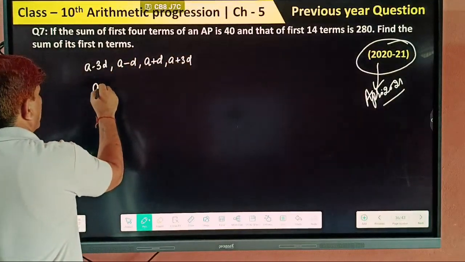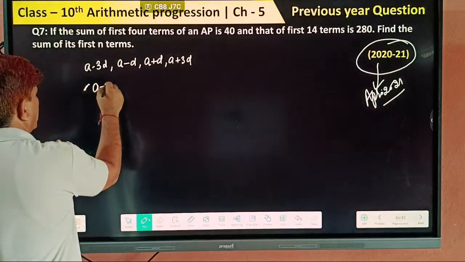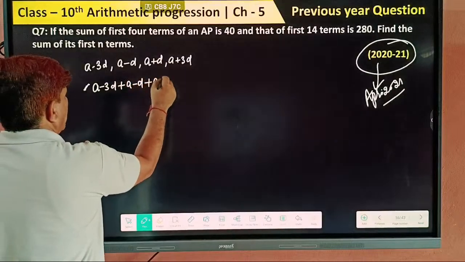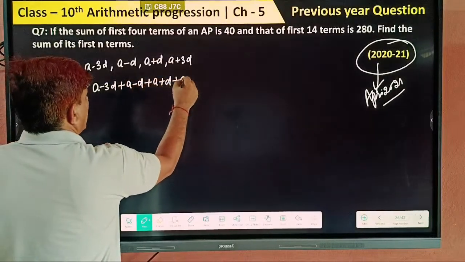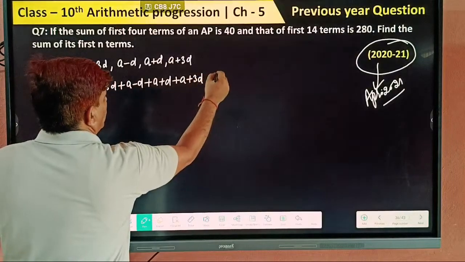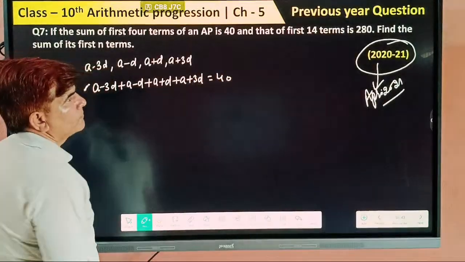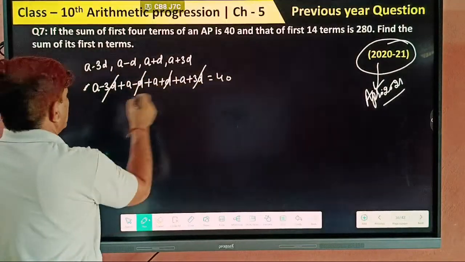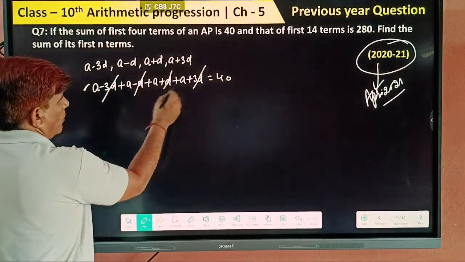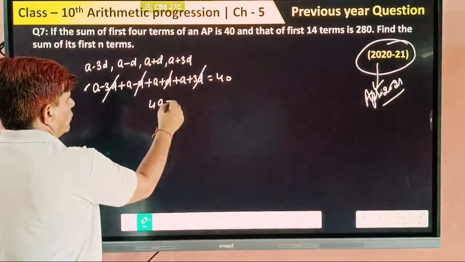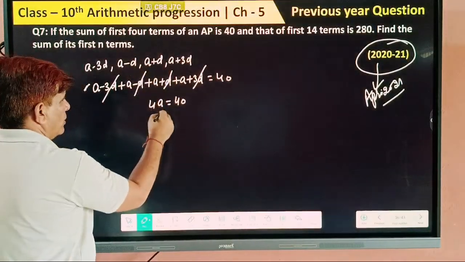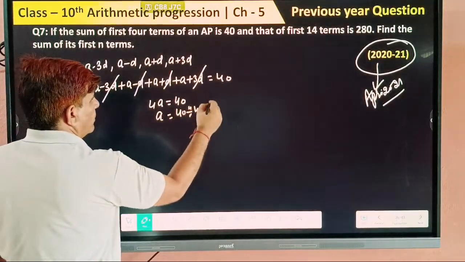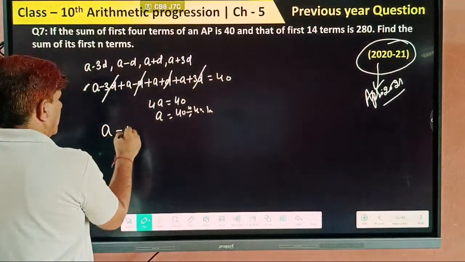Their sum is 40, so the d terms cancel and 4a equals 40. So a equals 40 by 4, which is 10.